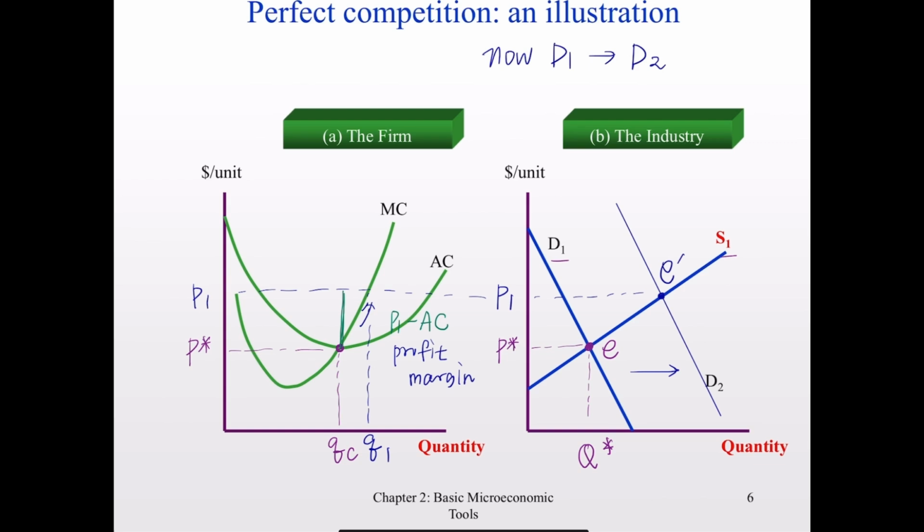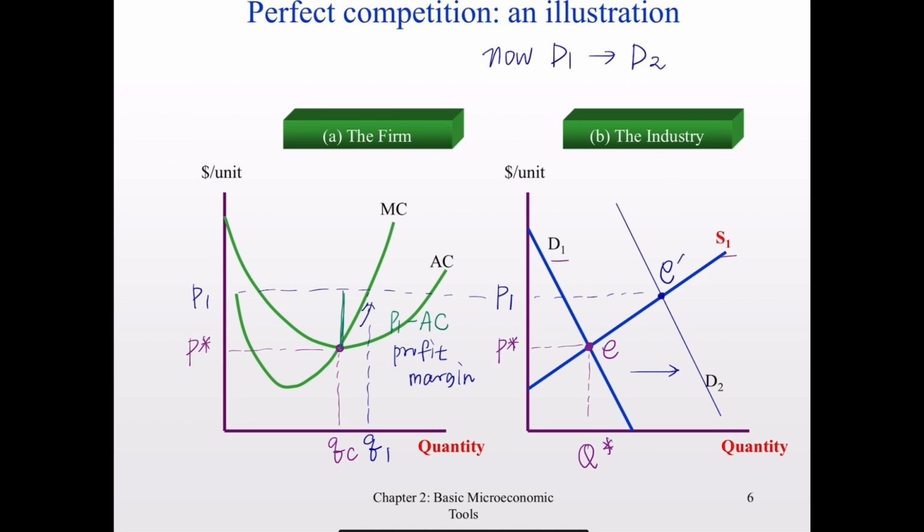If the profit margin is greater than 0, many new firms would like to enter the market. This excess profit acts as a signal and an incentive for new firms to enter the market.